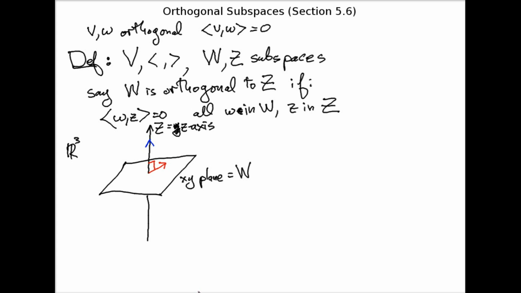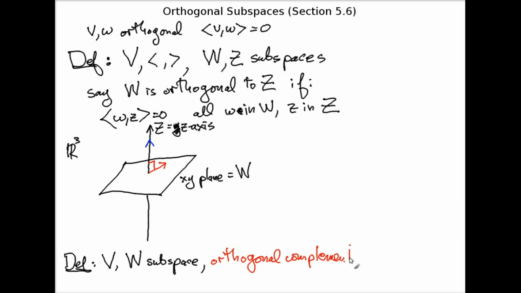Let's make the next definition. So here the setting is we have a vector space and W is a subspace. Then we define the orthogonal complement of W. The orthogonal complement of W, written W perp, is the following.